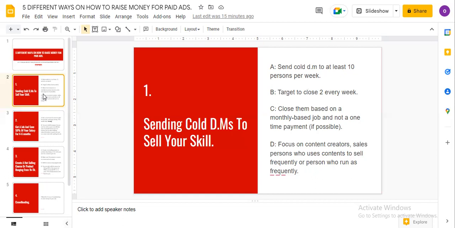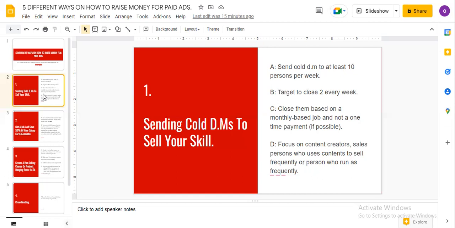So before you send any cold DMs to anybody, make sure that they need your skill and your service. And how you can do that is to make sure that you search them out, make sure that you know that they need it, not just by thinking they need it.